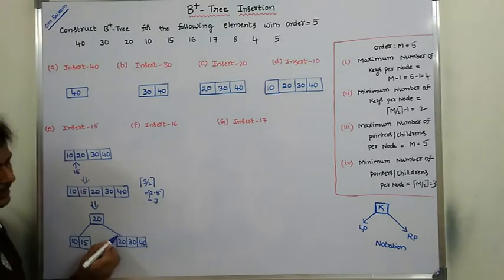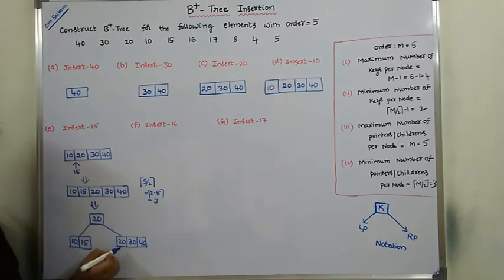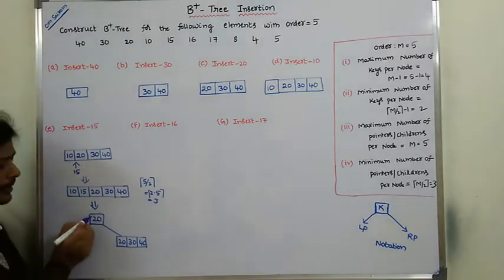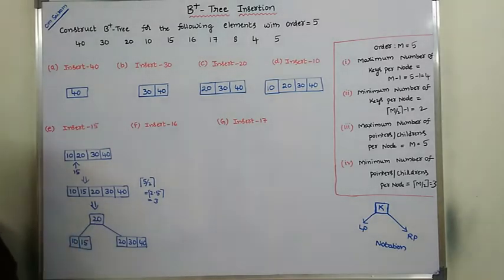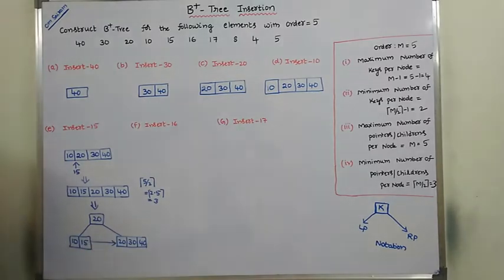So this is the address of data element 20, and this address points to the data element at the leaf node. Now these leaf nodes are linked to each other. After inserting 15, this is the B plus tree we are getting.